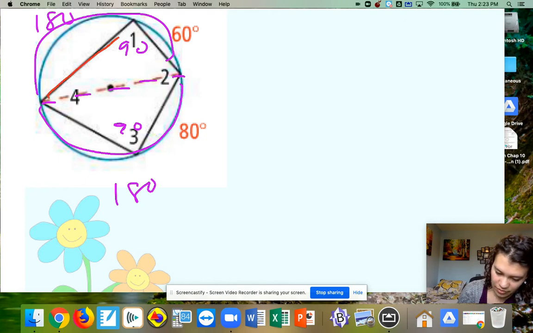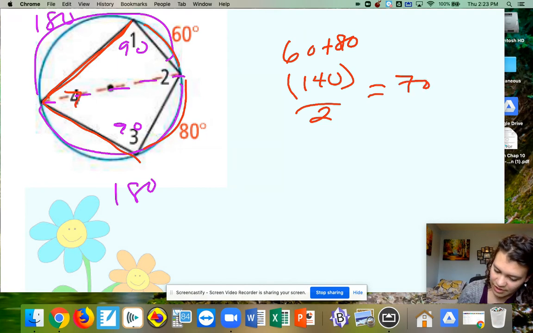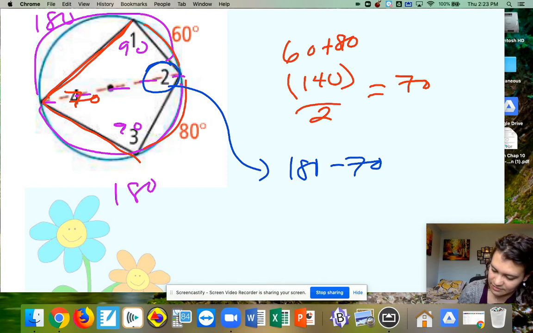If we want angle 4, we have 60 plus 180 plus 80, and then you divide that by 2. So 140 divided by 2 gives you 70 right here. And then to find 2, you can just subtract from 180. So 180 minus 70 to get what's left over, and you get 110.